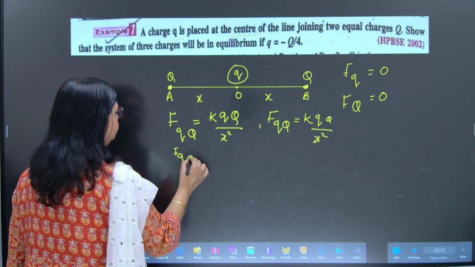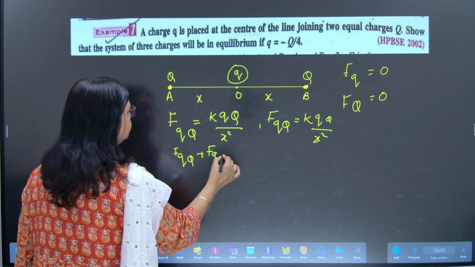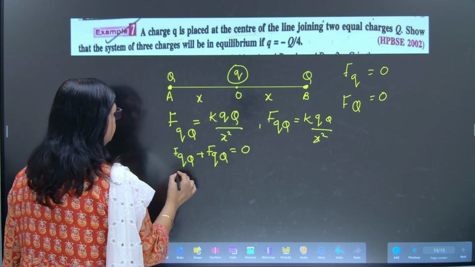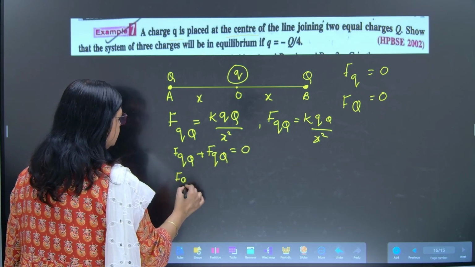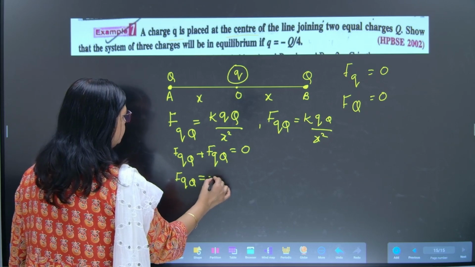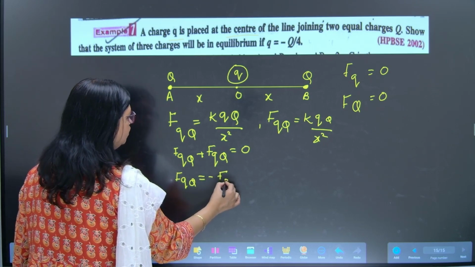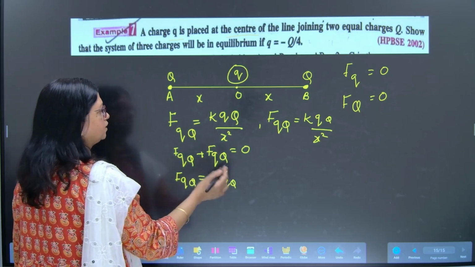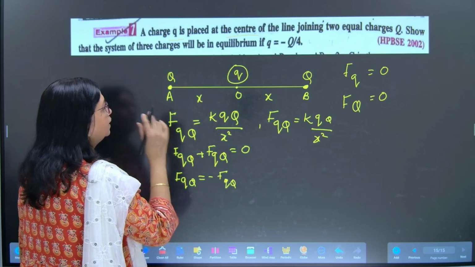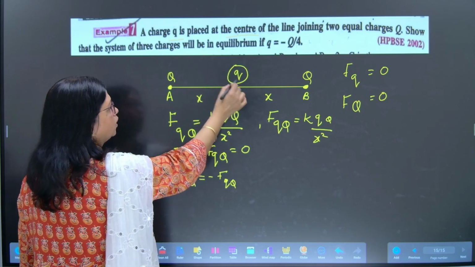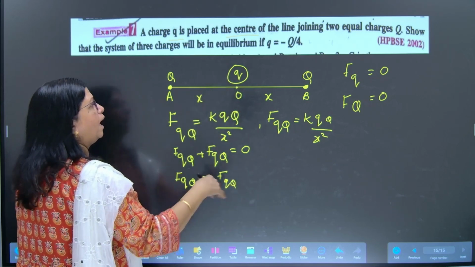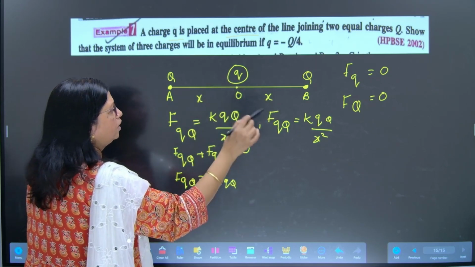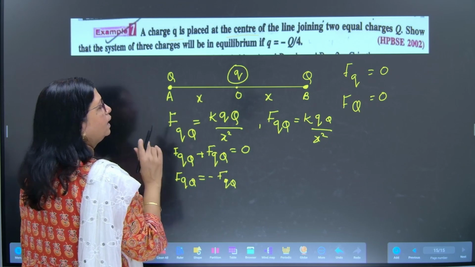So for equilibrium, the addition of these two forces should be equal to 0. Substituting, we get F_Qq equal to negative F_Qq from both the sides, showing that magnitudes are same and directions are opposite. Clear? So the total force on q is equal to 0. Now let us show that the force on capital Q, either this side or that side, is equal to 0.